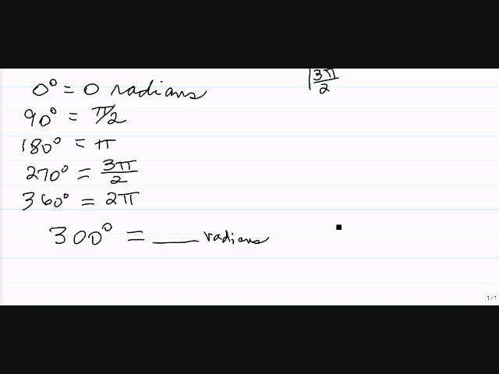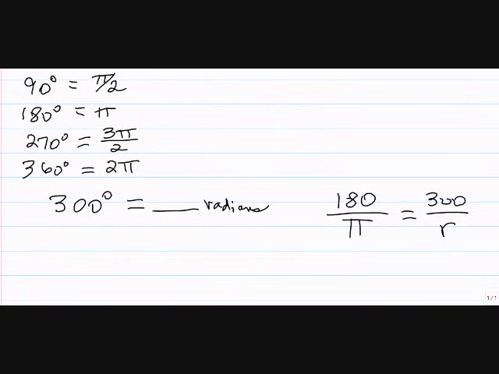So 180 degrees is the same thing as pi radians. So 300 degrees is the same thing as, I don't know, r radians. Let me cross multiply. 180 times r equals 300 times pi. Divide both sides of this equation by 180.